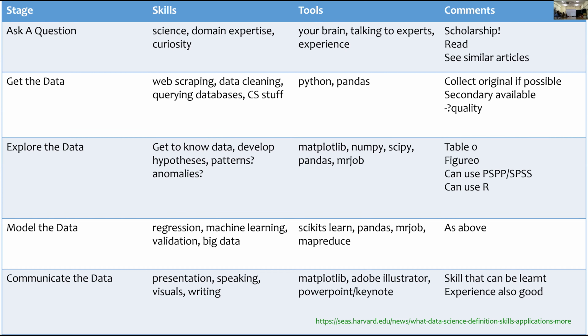You look for patterns in the data. The software which people use for that kind of thing, Matplotlib and other software, are available. This table you will never see in any publication. This is table 0 or figure 0. Even a postgraduate student who collects data will first look at how many men are there, how many women are there, what's the average age.